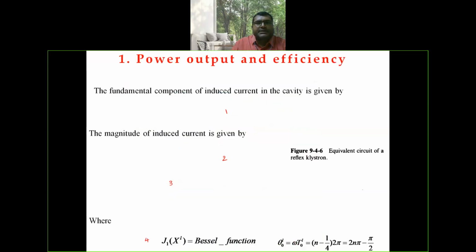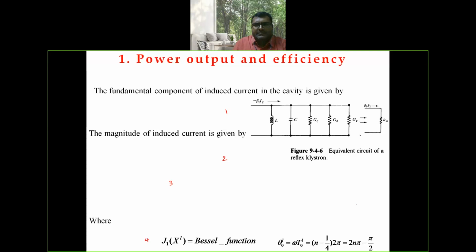The power output and efficiency. This is the equivalent circuit of reflex klystron oscillator. The fundamental component of induced current in the catcher cavity is given by I2 induced is equal to beta naught I2, beta naught 2 I naught J1 of x dash e power minus j theta naught dash.